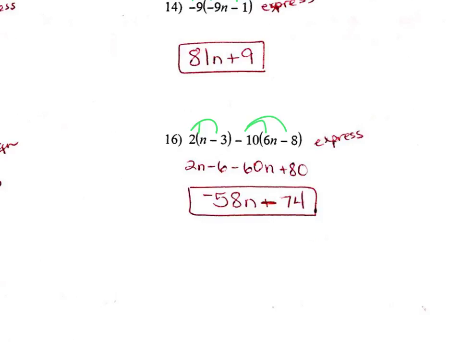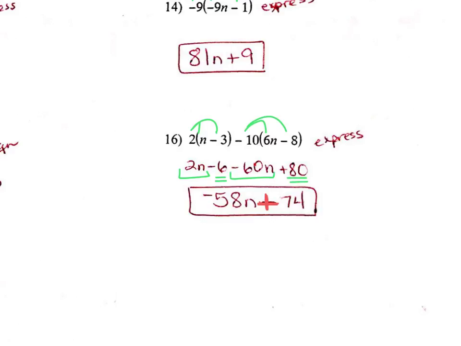It's kind of hard to read my answer here, and I don't know if I was making a mistake or not. I very well could have been. This should actually be positive 74, because that's positive 80 and -60 when you combine. So remember, I'm not doing any opposites. I'm just distributing to get rid of any parentheses and then adding common terms together.